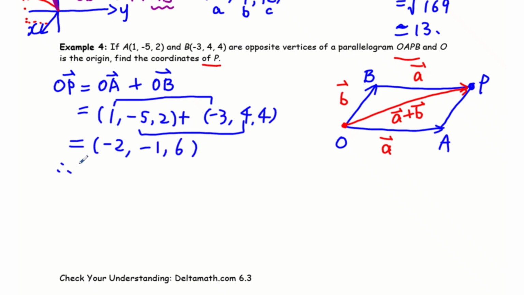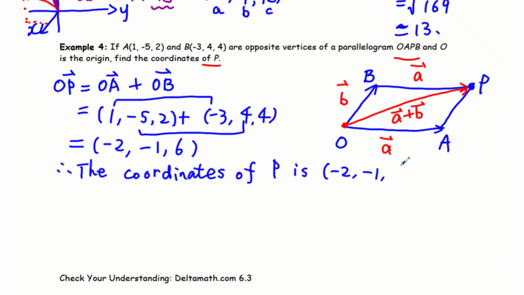So therefore, the coordinate of the point P is (-2, -1, 6).